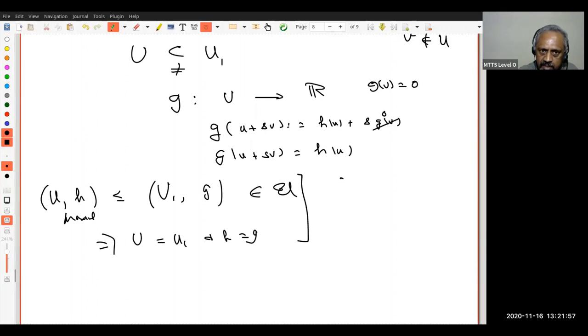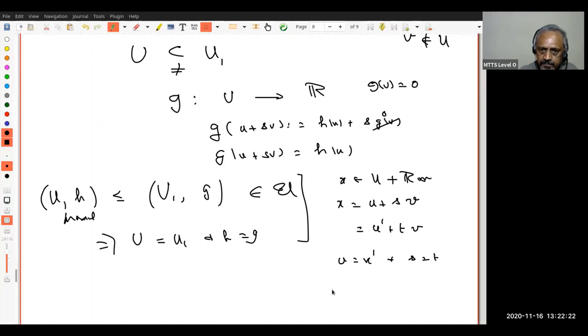Because start with any element x in U plus R v, then there is a unique way I can write it as u plus s v. If I write this as some u dash plus t v, then u must be u dash and s equal to t. Then only this is well defined.